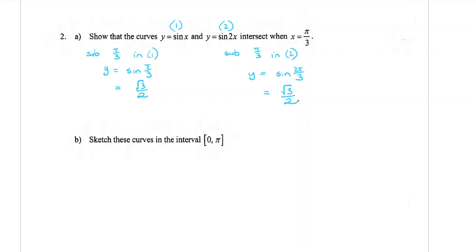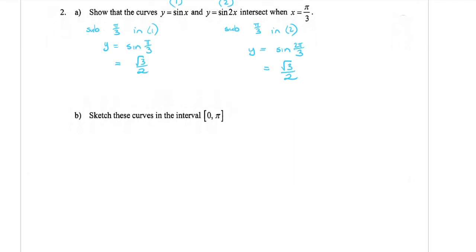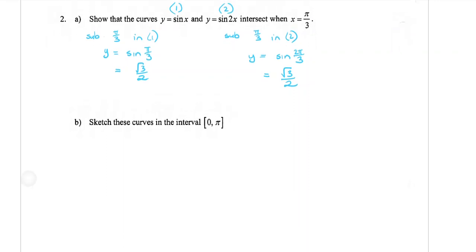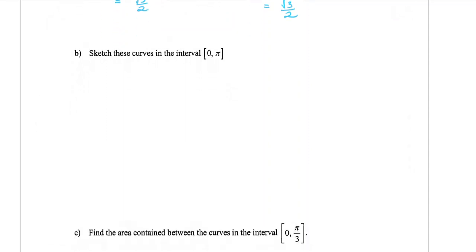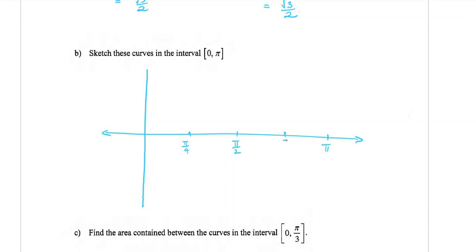Now I want to sketch the curves in the interval between 0 and pi. Let's start with y equals sine x, that's the easier one. I'm only going to pi, so I'm going to put pi at the end and then divide this up: pi on 2, pi over 4, 3 pi over 4.